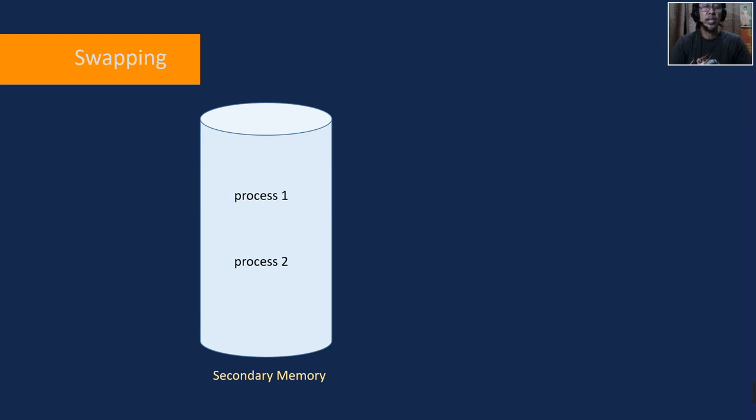So normally you need swapping if your program is relatively huge, so it cannot be fitted, or there is not enough primary memory for it to be placed there, or probably your primary memory is already loaded with other programs. So you will need swapping.